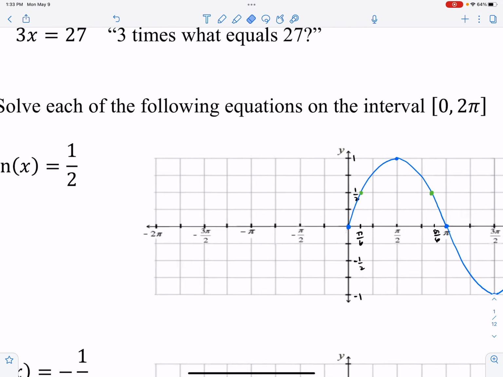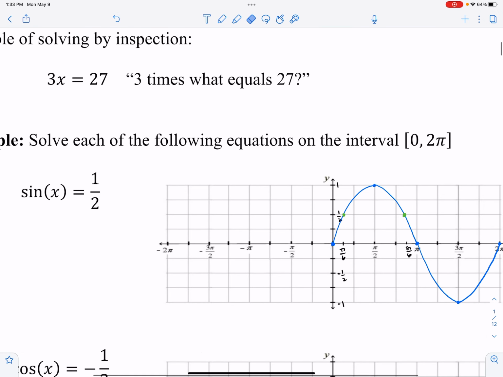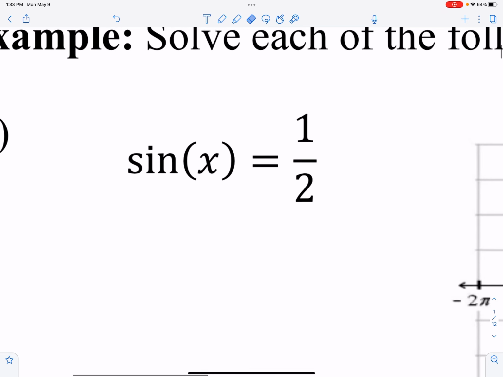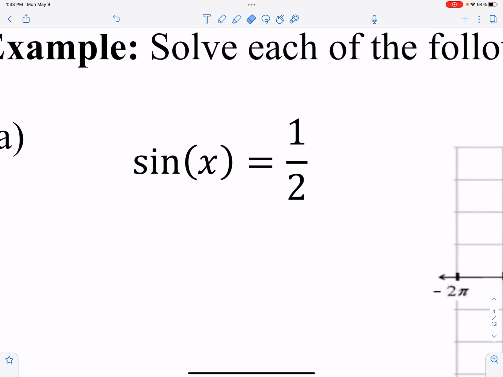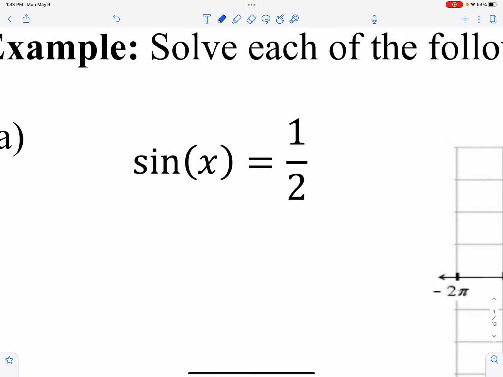We are solving these particular equations over the interval from 0 to 2 pi, so just one rotation of the unit circle. So we can really just reference the unit circle here. We don't have to think about coterminal angles yet.